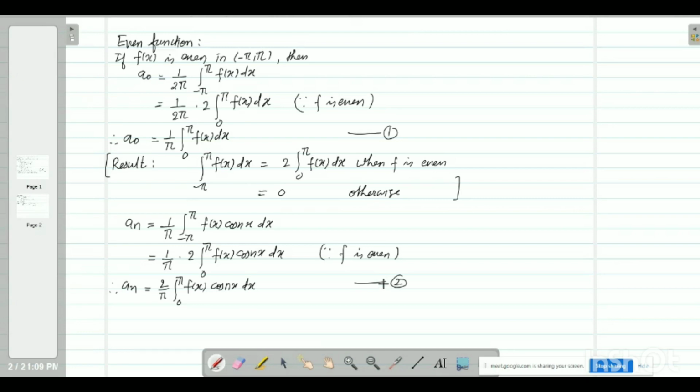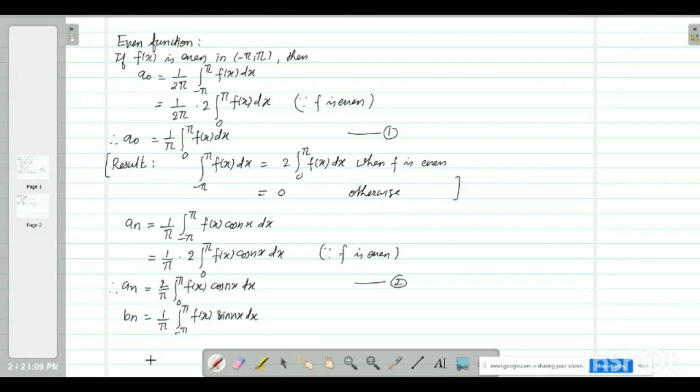Okay, and what about the b n? B n is what? B n is 0. If function is not even, then that will be 0. So just write down the formula, 1 upon pi integration of limit minus pi to pi f of x sin nx dx.